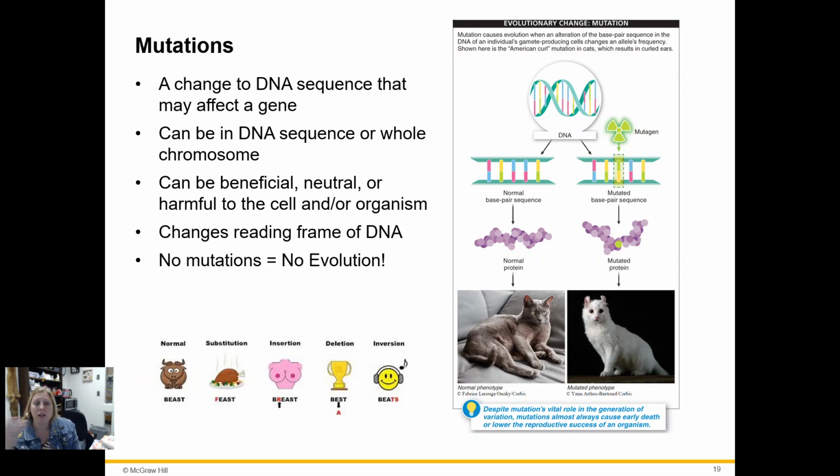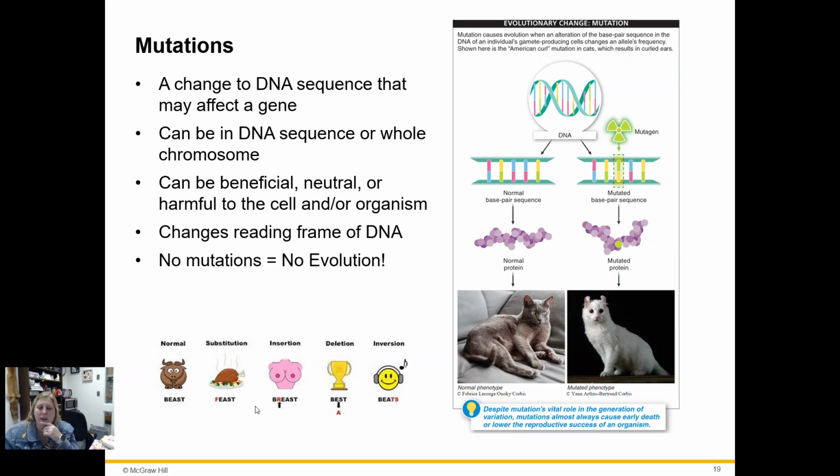It changes the meaning of the protein sequence. If we add in a letter like the R into beast, we now have breast. That's going to also change that. That's an insertion or an addition. If we remove the A, now it's best, and that's a deletion, okay? And an inversion would be if we swap two of those amino acid sequences around.